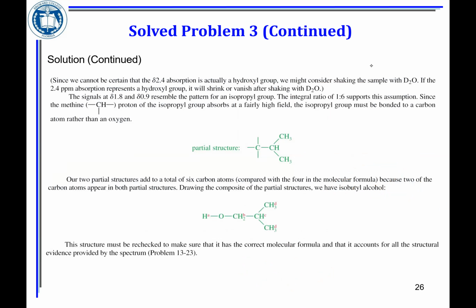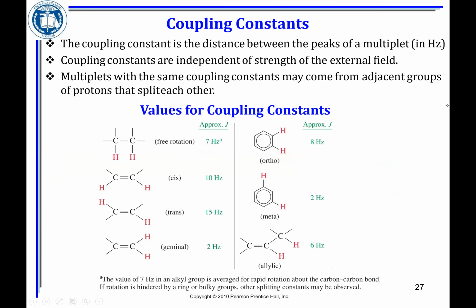We already talked about the four different types of hydrogen in the previous slide. The coupling constant, or the J value, is the distance between the peaks. If you have a splitting like a doublet for a hydrogen, there is a distance between these two peaks, and that is known as the J value.